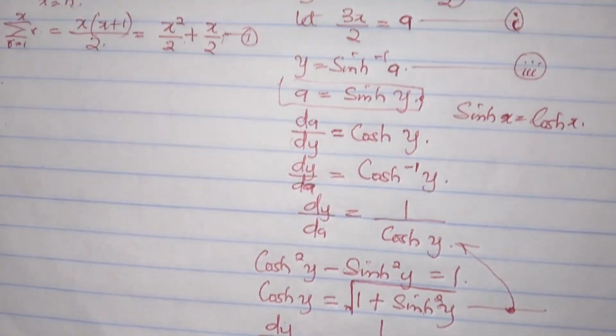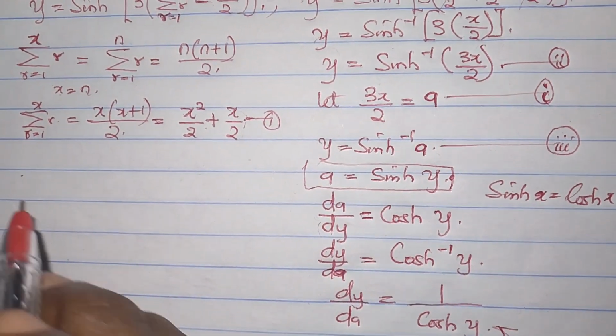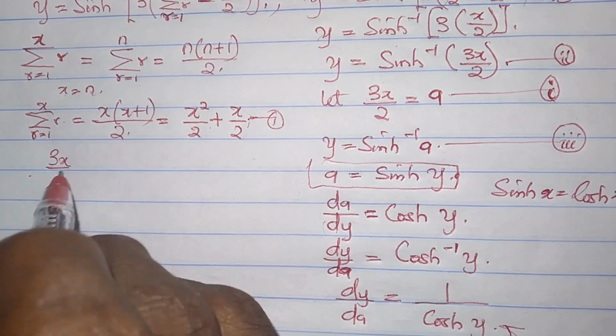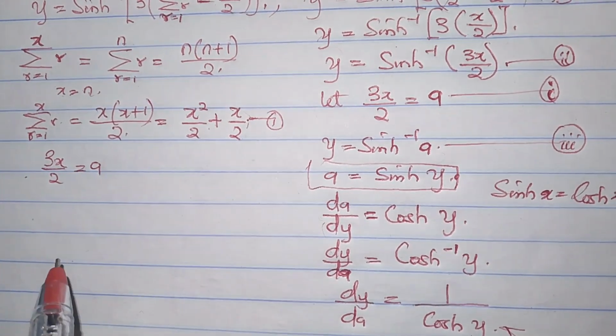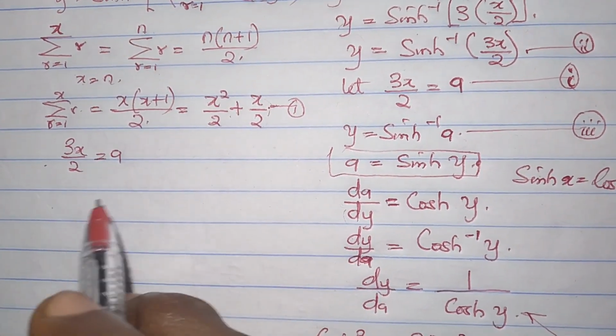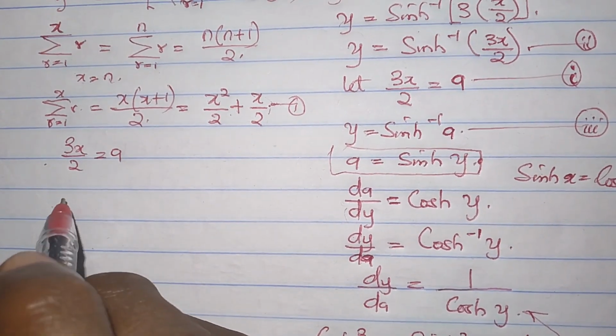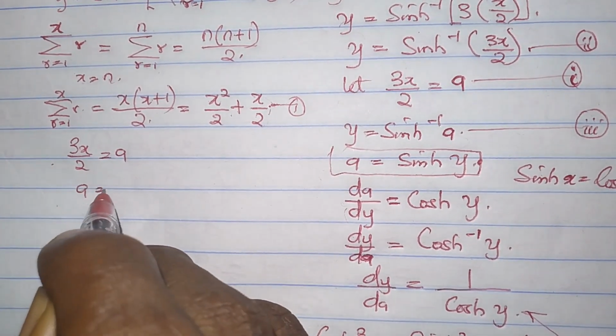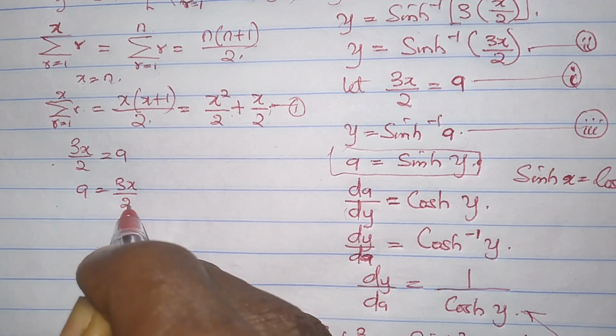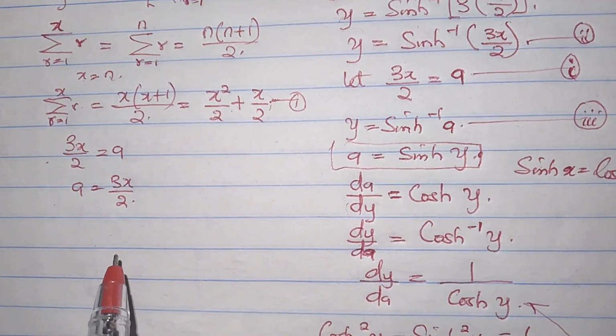Further, we need to remember that we said that 3x divided by 2 equals a. Since 3x divided by 2 equals a, this equation can also be written as a equals 3x divided by 2. Now we have to differentiate this equation.